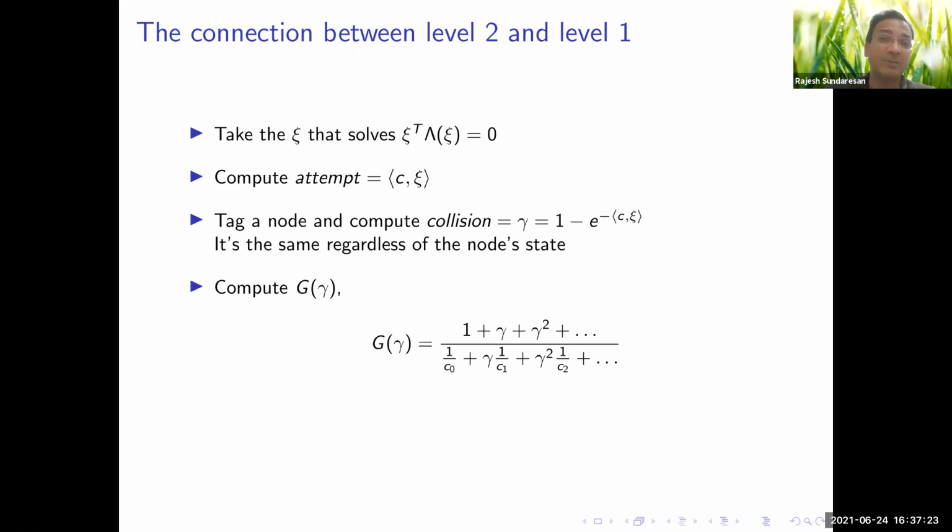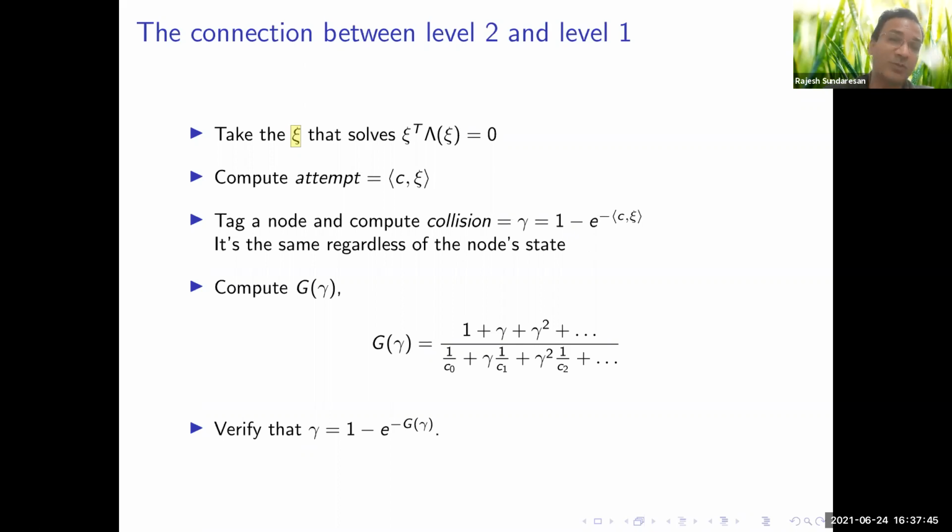What we then do is compute for this collision g of gamma. And we verify that gamma is equal to 1 minus e to the minus g of gamma. So in other words, the xi that we get from the level 2 fixed point actually solves the fixed point condition for level 1, which is at the level of macroscopic observables.